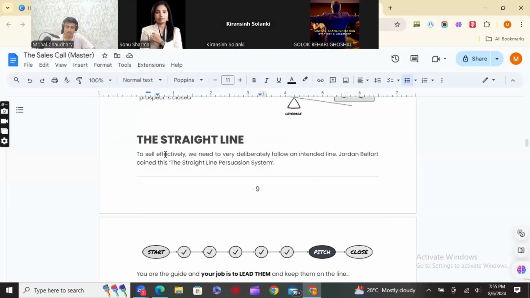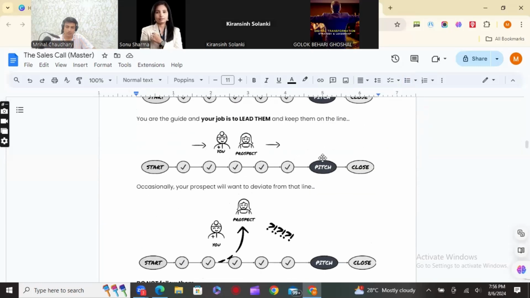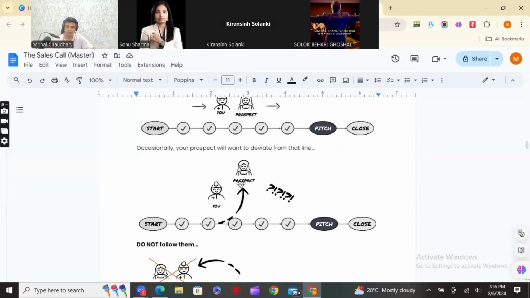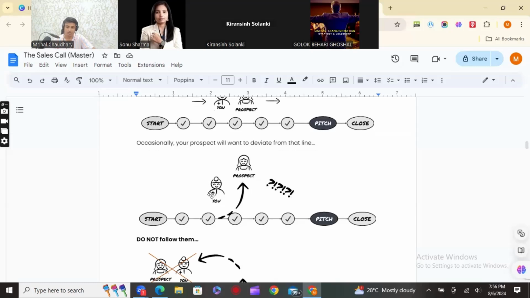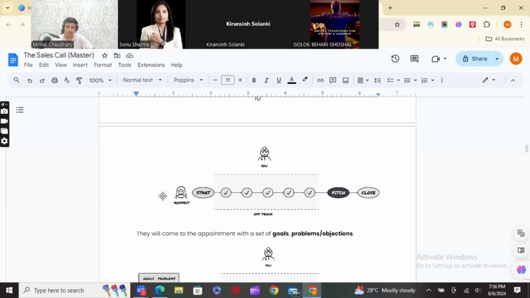And this is the persuasion straight line system. Jordan Belfort gave this term. Here you and the prospect start, and you should be the one asking the questions, and the conversation has to go your way. It should not deviate from here. You can see the prospect deviating from the main agenda, so you have to bring that person back onto this straight line.